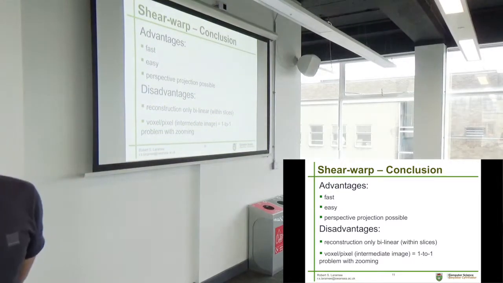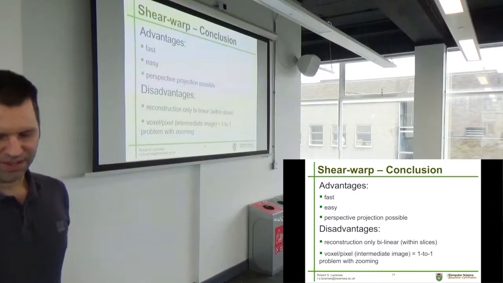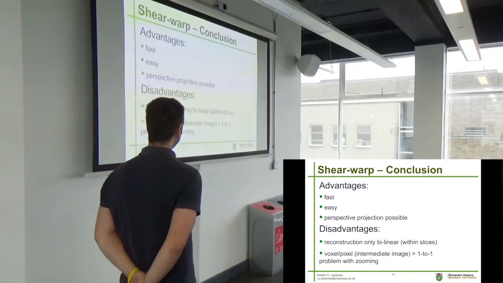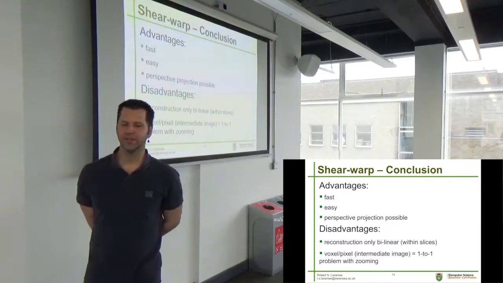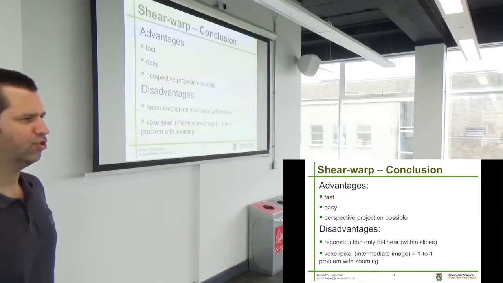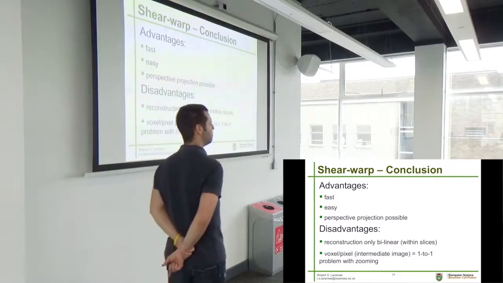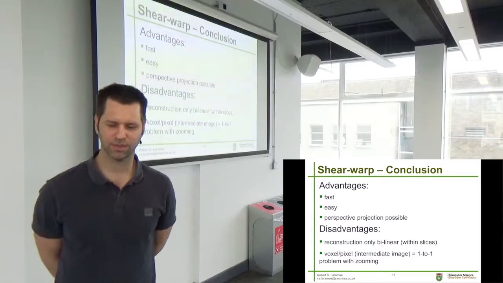Okay, so to wrap up that algorithm, it's fast, easy to implement, it handles perspective projection. But there are trade-offs, right? Whenever you gain computation speed, you're trading off either accuracy or memory footprint. There're always those three trade-offs.